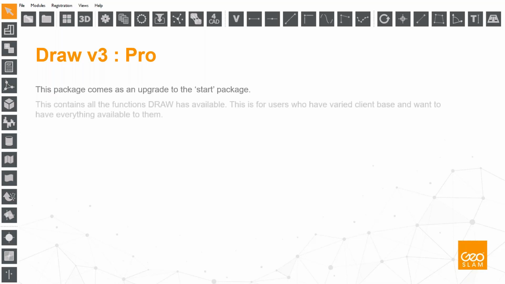So Draw Pro would probably be most suitable for users who have a varied client base and want to have all of those features available. I hope this brings a little bit of clarity into how different packages are used and what features there are within them.